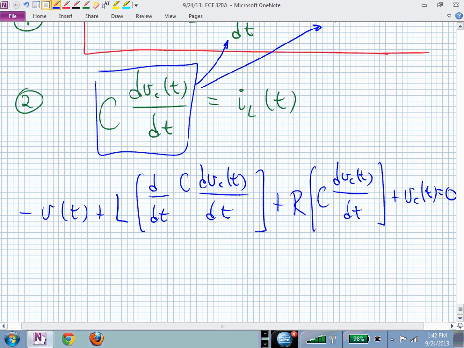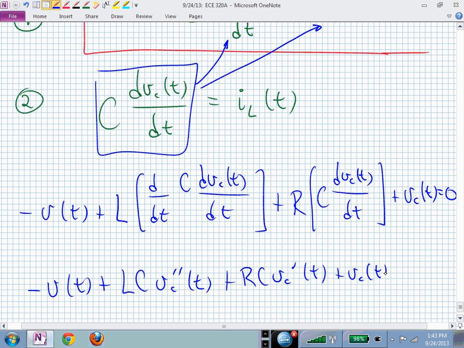And what do I have? Now I have my second order differential equation, don't I? I now have minus V of t plus LC V sub C double prime of t plus RC V sub C prime of t plus V sub C of t is equal to 0.